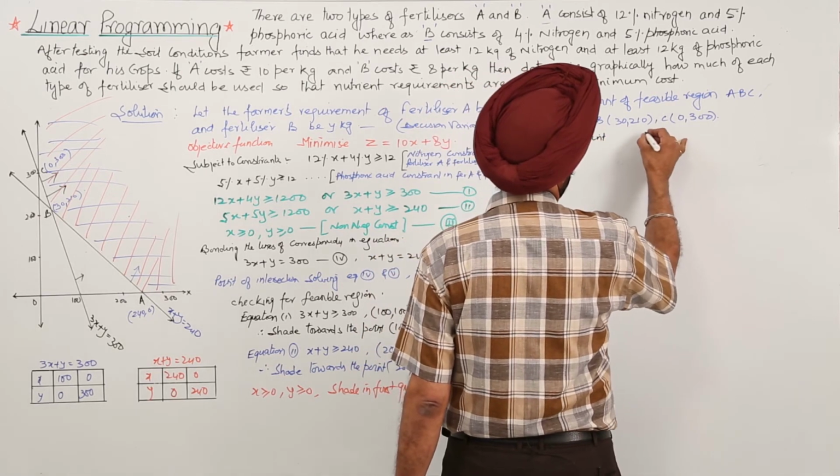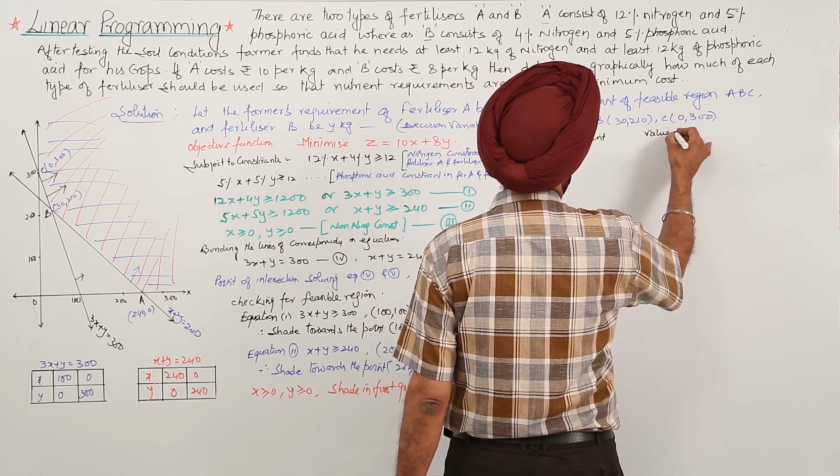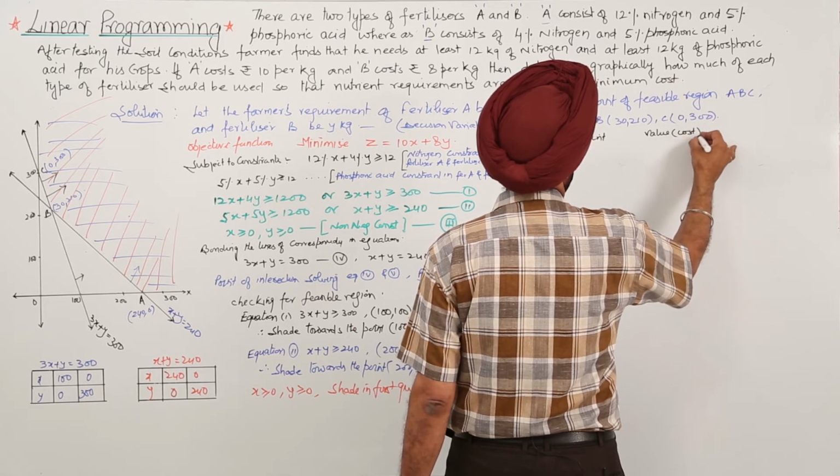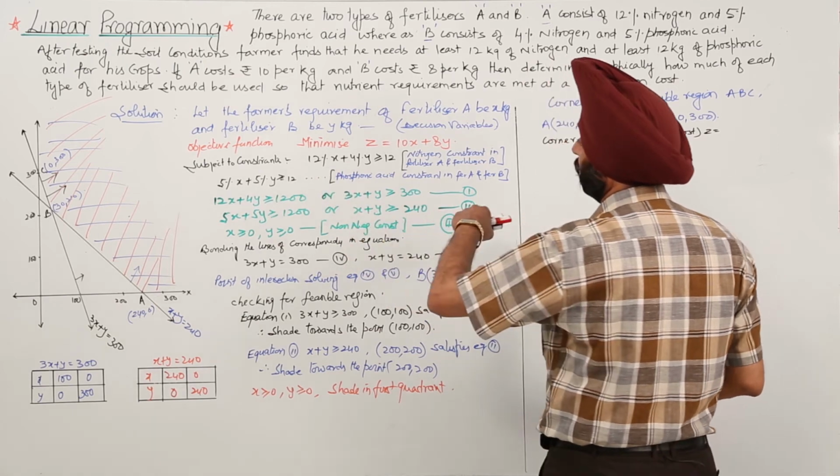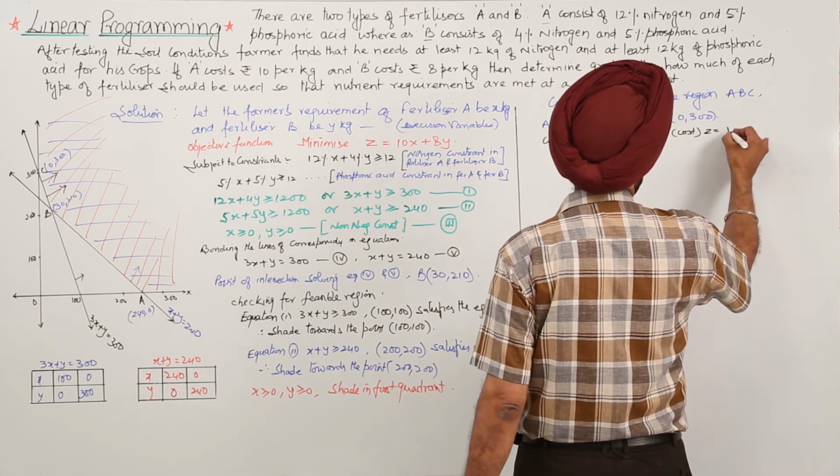Corner point value in cost z is equal to 10x plus 8y.